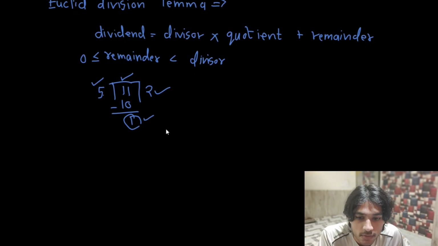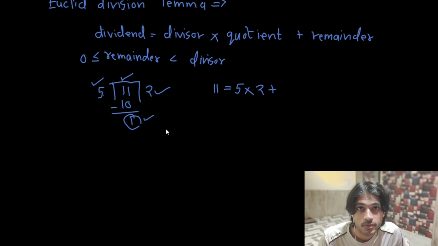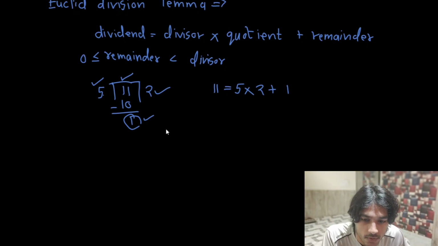So here dividend is equal to what? 11, because 11 is being divided. Divisor is equal to 5 because 5 is being used to divide 11, right? Quotient is this multiple, 2, and remainder is what? Without resorting to decimal expansion, the step after which we can't go further, is the remainder, so it is going to be 1.